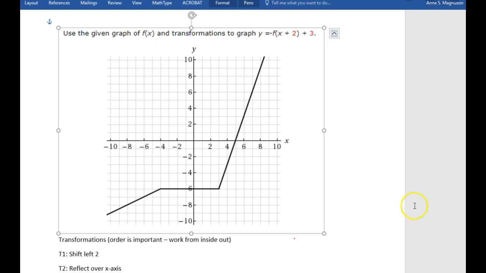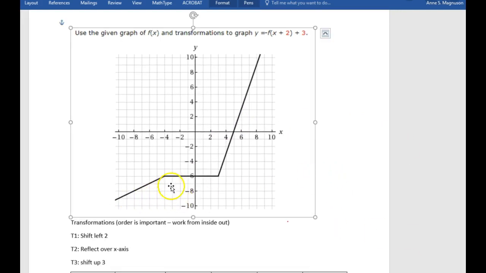So, for example, I'm going to look at a couple of points here. Notice that this would be a good place for a reference point because it changes from this line that sloped up to this flat line. And likewise, this would be one because it changes from this flat line segment to this increasing line segment.